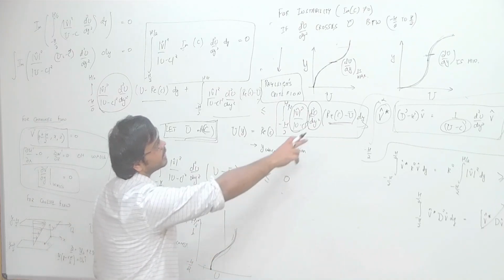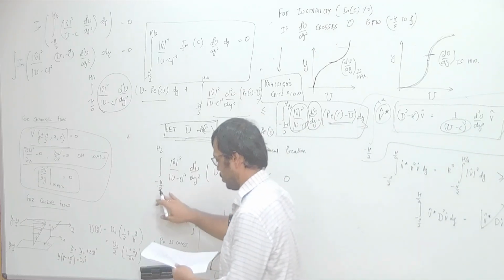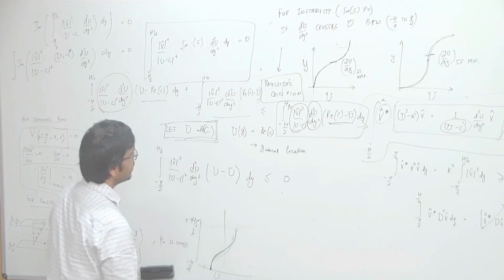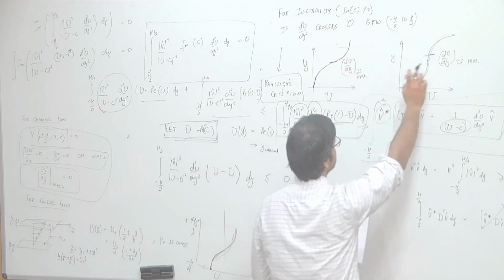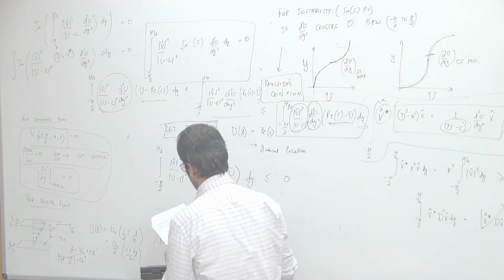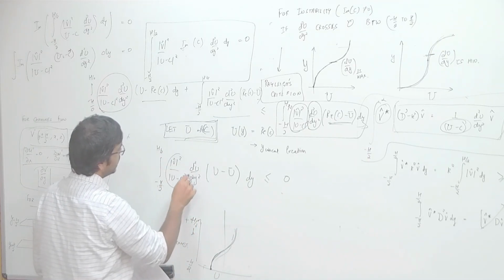And now this criterion is called the Fjortoft criterion, and you can think about when this will hold, based on your inflection point criterion or Rayleigh's criterion. As you can quickly think about it, this quantity is always positive.